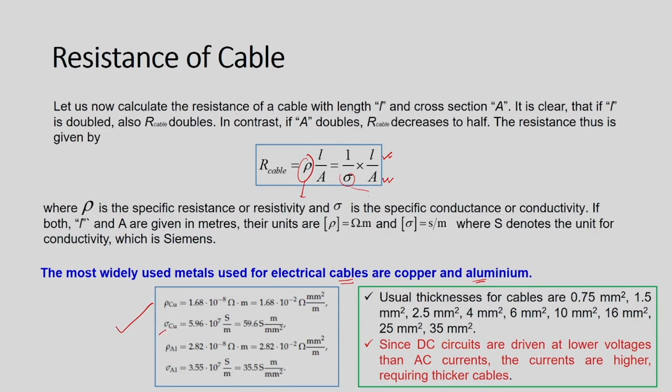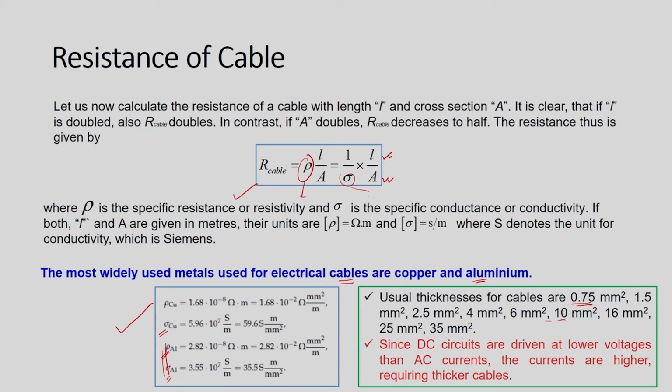You can see the values of copper for conductivity as well as resistivity, and then conductivity for aluminum. These values are given because most of the time they are used for calculation of the resistance of a cable. The usual cross-sections for cables are about 0.75 square millimeter, 1.5 square millimeter, 2.5 square millimeters and so on.